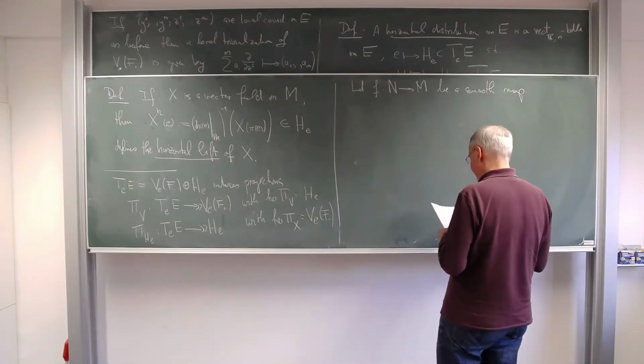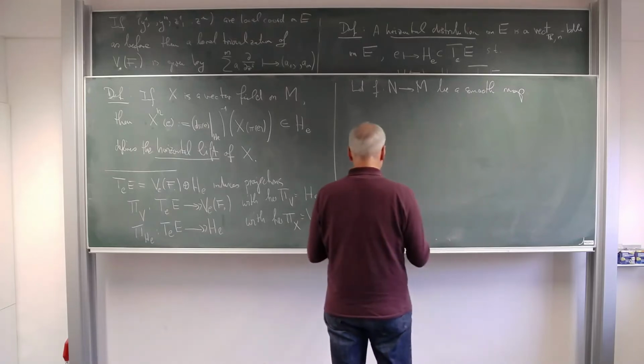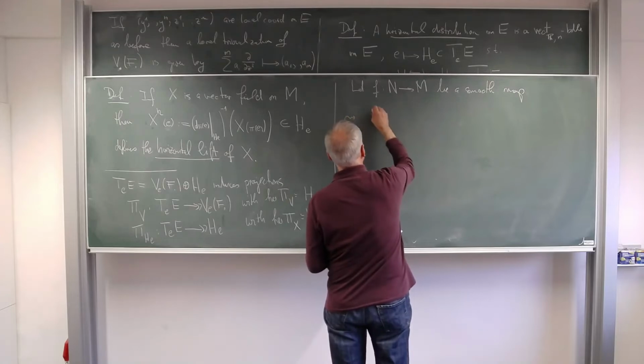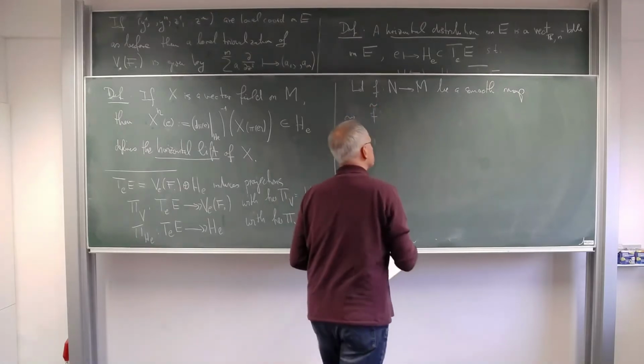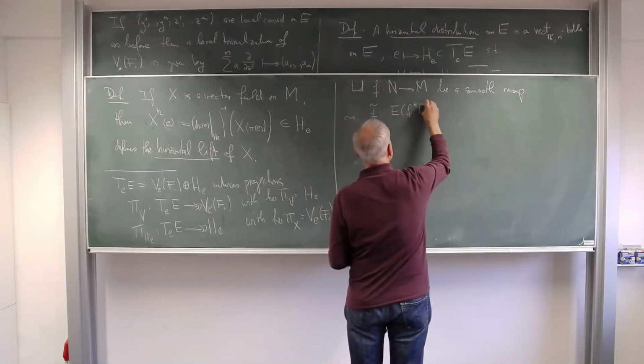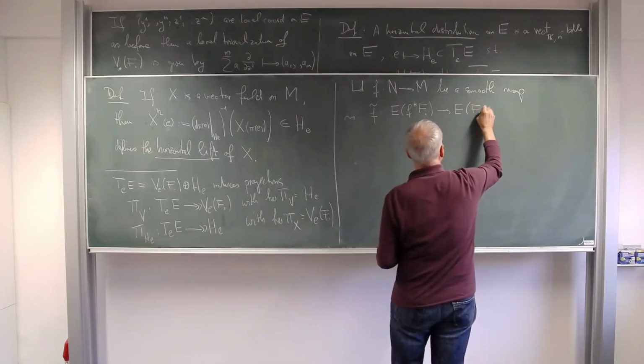And so we recall that we have this map F tilde on the total spaces, from the total space of the pullback bundle to the total space of the original bundle.